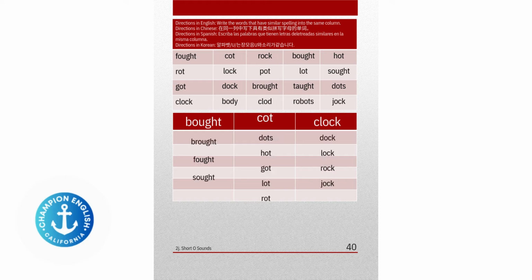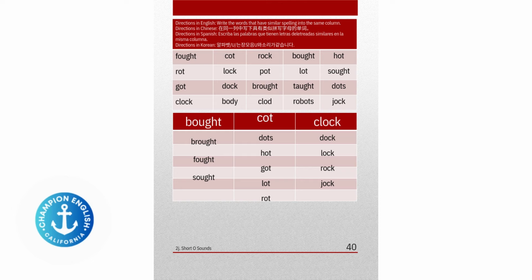Hello, students. We're back. Now we're going to take a look at these words that we have just put into these columns. Under bought, we have brought, fought, and sought.